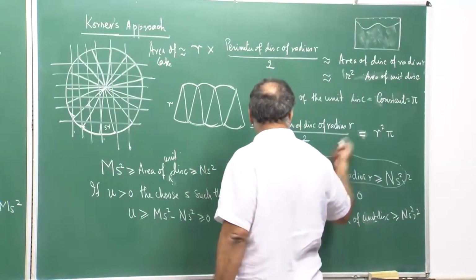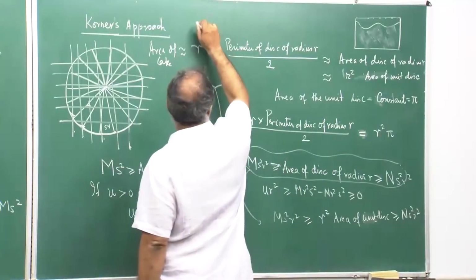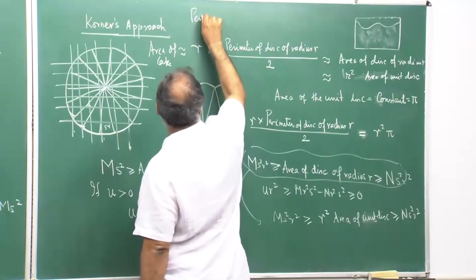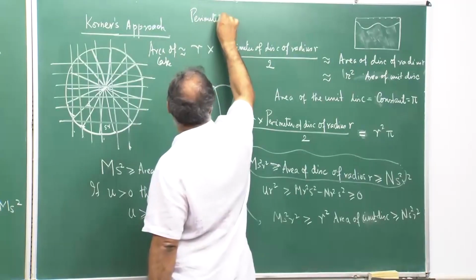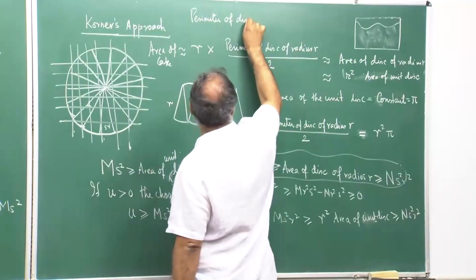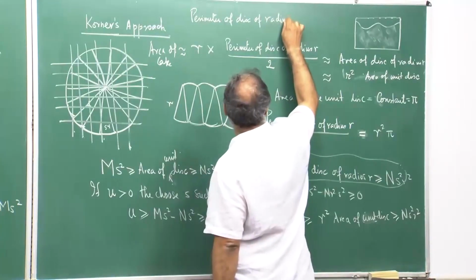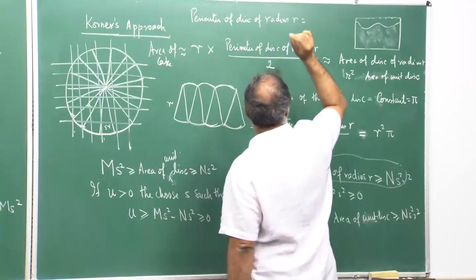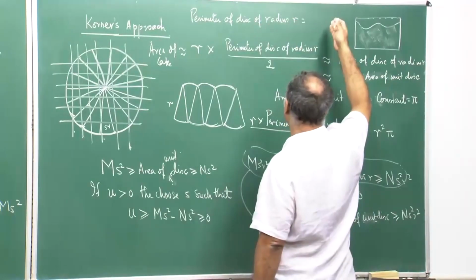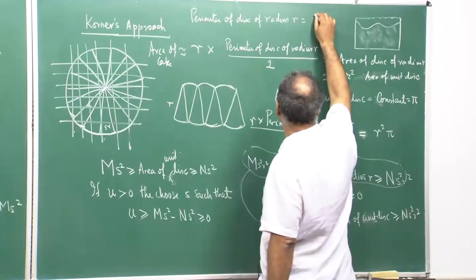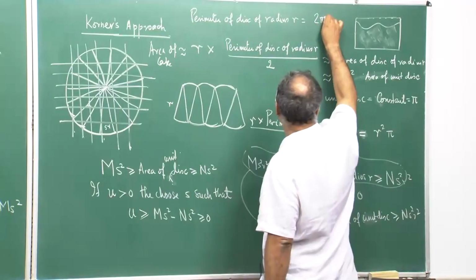Now what does it mean from here? It simply says that the perimeter of the disk of radius r, or the circumference of the disk of radius r, is 2 pi r.